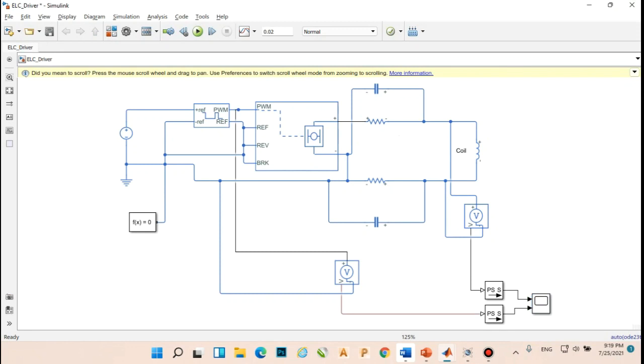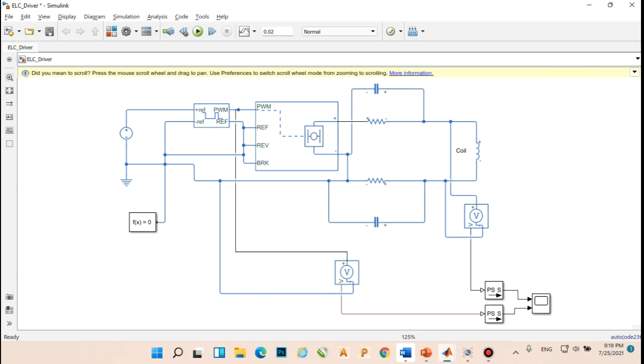It's not an ideal circuit because we have a resistor in our circuit. It wastes our energy and converts it into heat. We can use another circuit as a low pass filter.